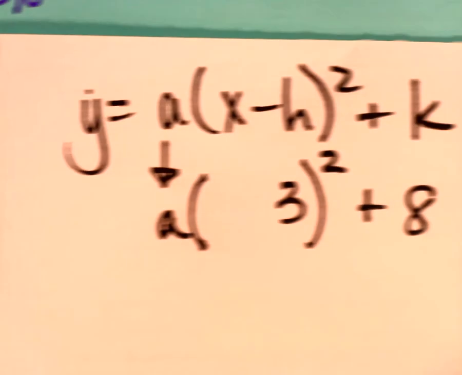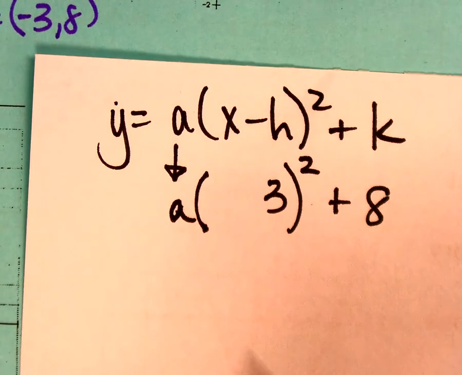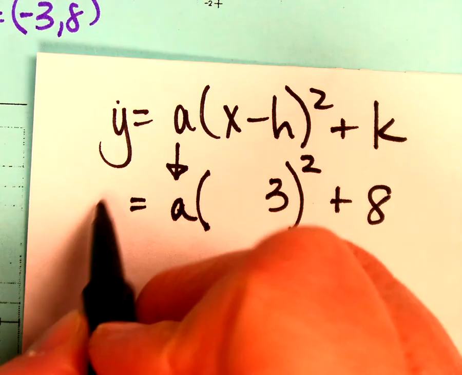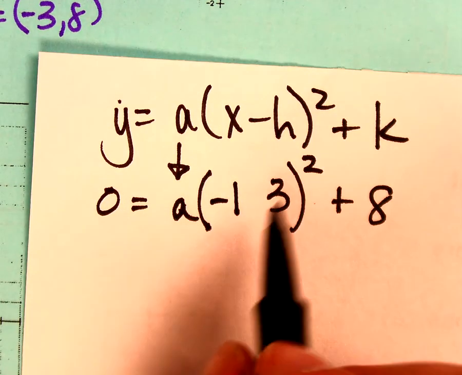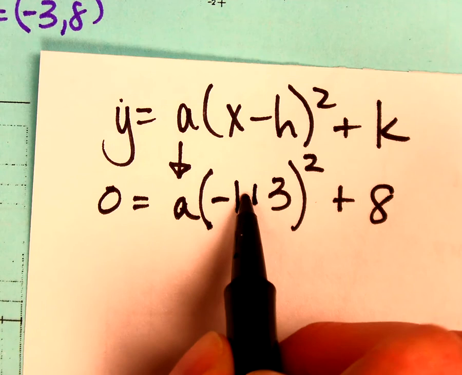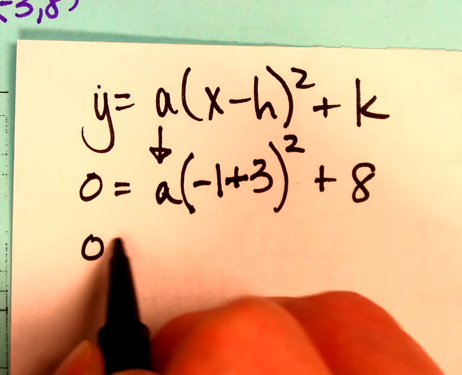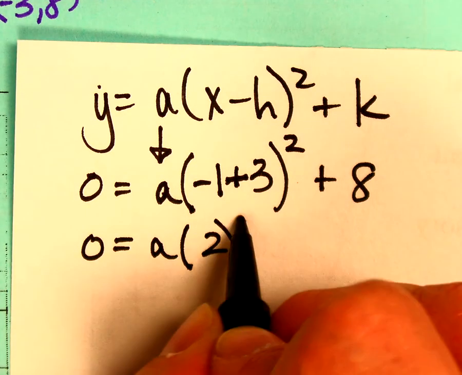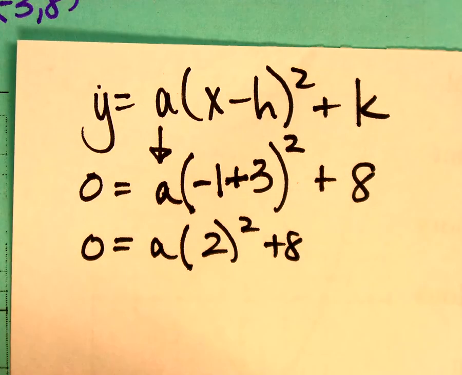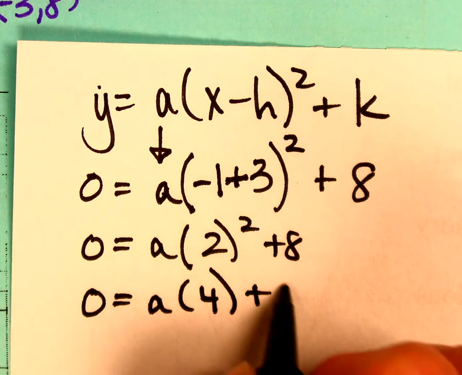So I am going to go back over here, and I'm going to plug in my 0 for Y and my negative 1 in for X. This is going to be a positive 3 because my vertex is a negative 3. So I have 0 equals A times 2 squared plus 8. 0 equals A times 4 plus 8.